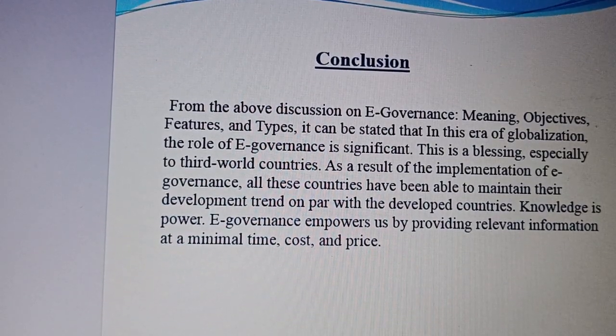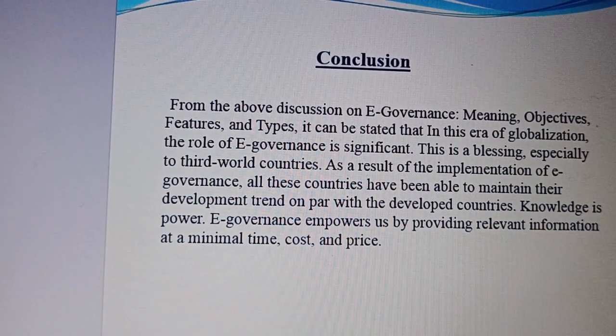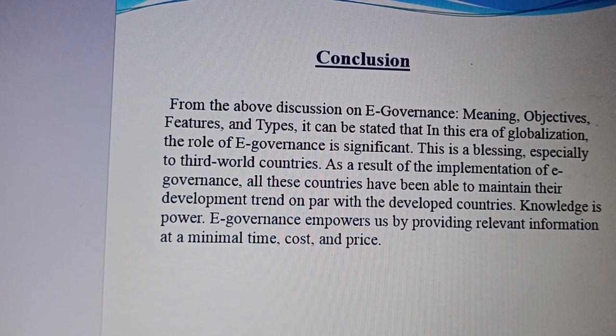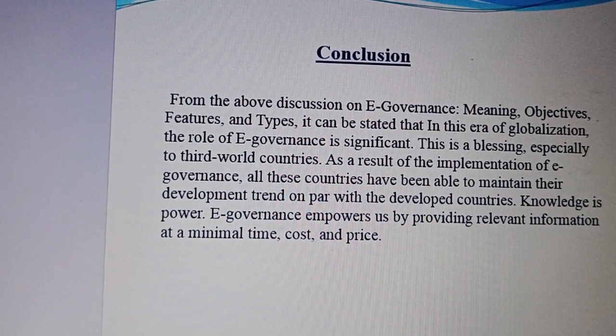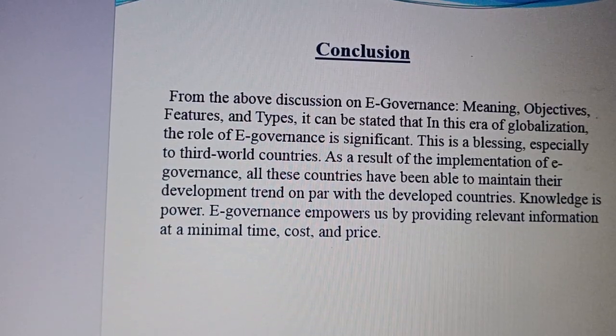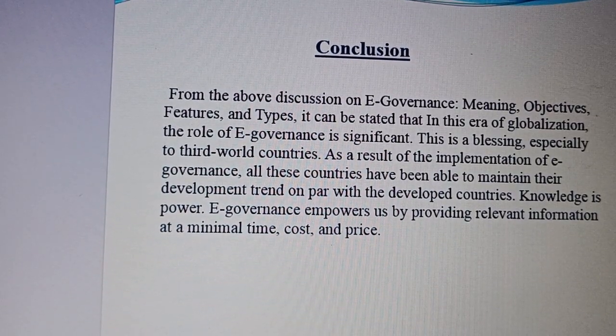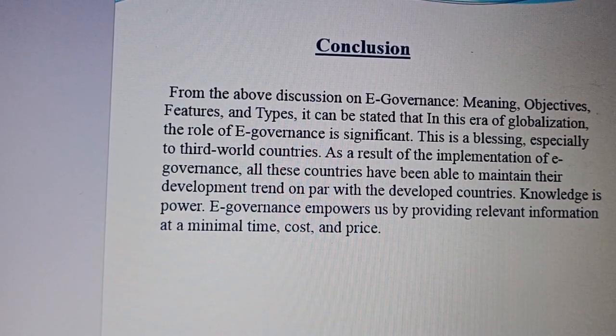Understand why e-governance is important here: because the whole of India is going digital, and online e-governance applications are very important because the government works for citizens, employees, and businesses.